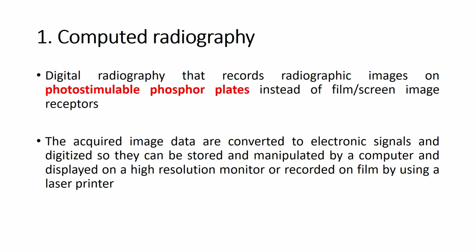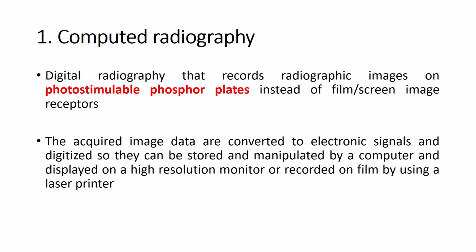So, let us discuss computed radiography first. Digital radiography that records the radiographic image on a photostimulable phosphor plate, instead of film or a screen image receptor, is computed radiography.